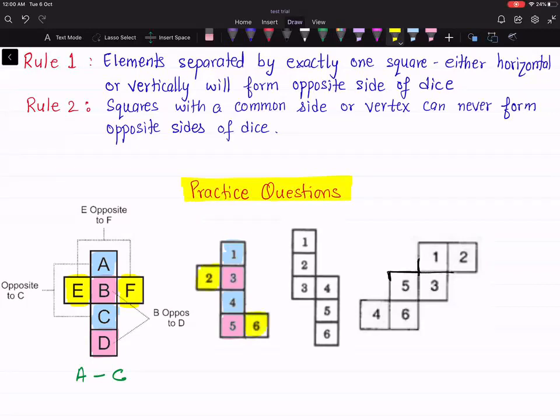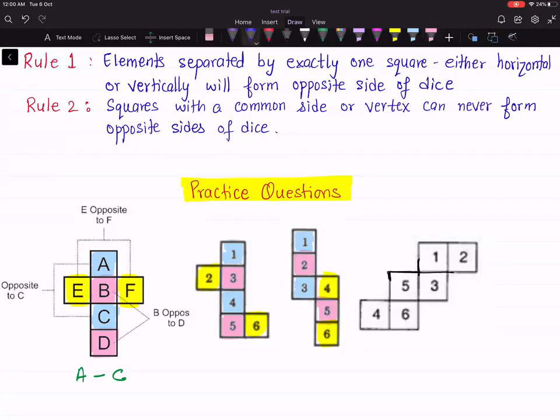So the concept I hope you have understood now. You have to first see which are separated horizontally or vertically by exactly one square. They will form the opposite pairs. So in this case 4 and 6 are separated by one box, so they are opposite pair. 3 and 5, there is no other option left, right, with 2 and 5. So they have to be the opposite pair, right?